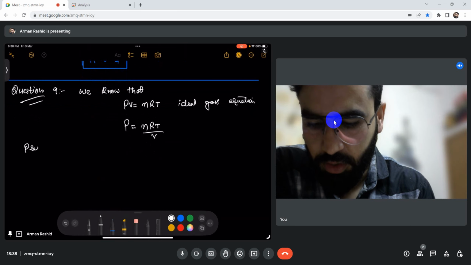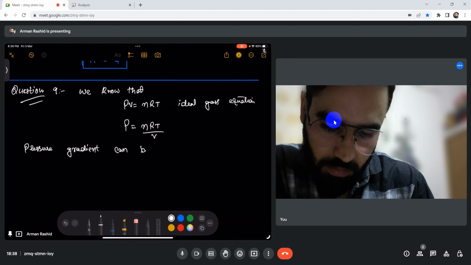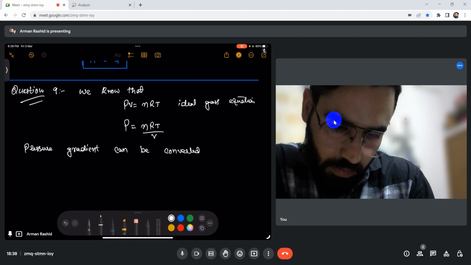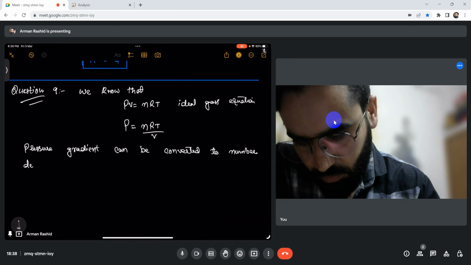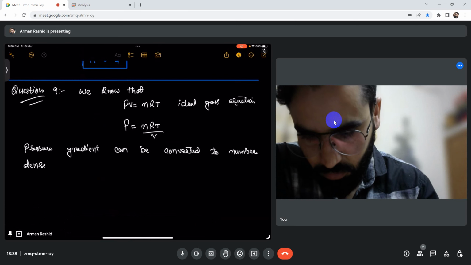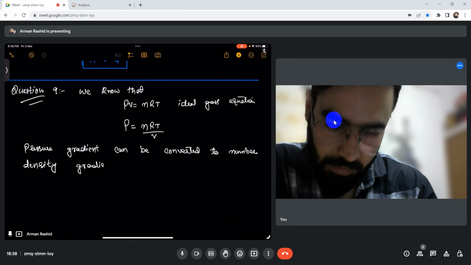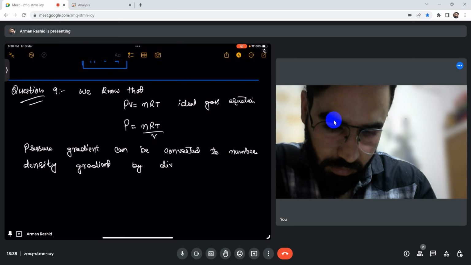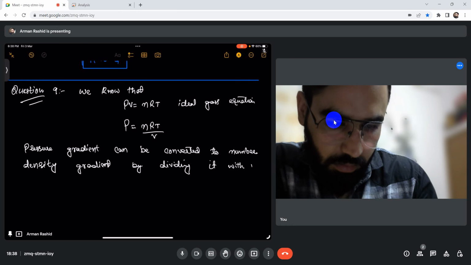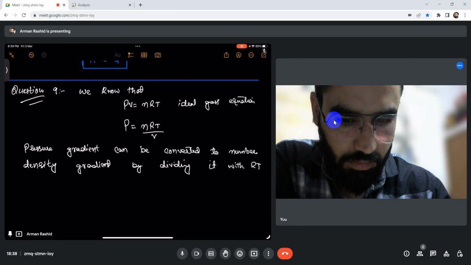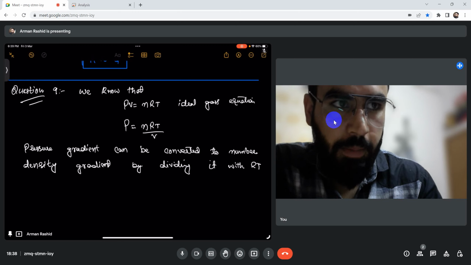How can we convert? We have a pressure gradient, and now we want to convert it into the number density gradient, n by V.